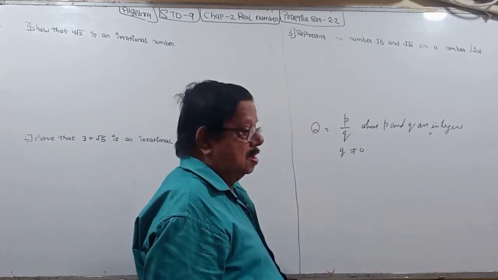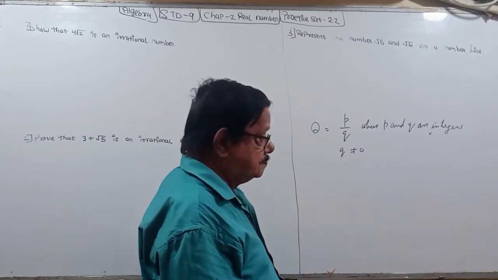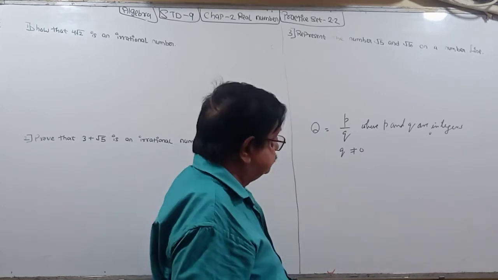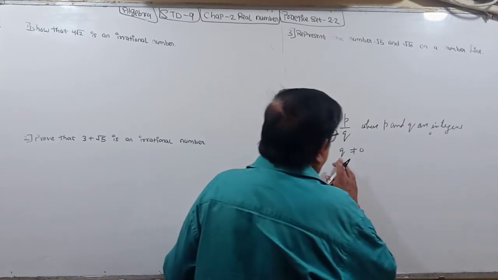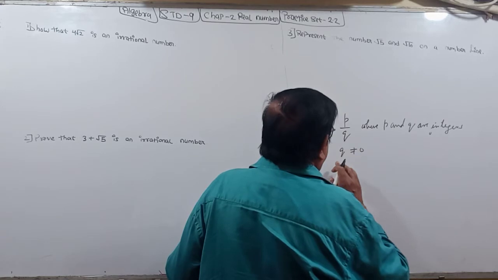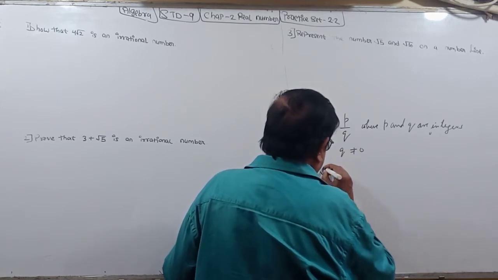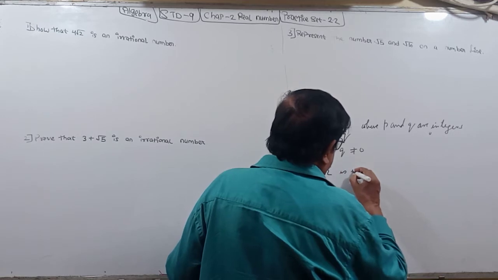Now, an example of an irrational number is root 2. Root 2 is irrational.